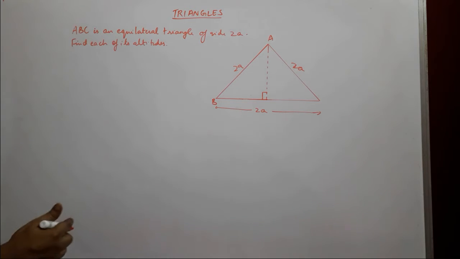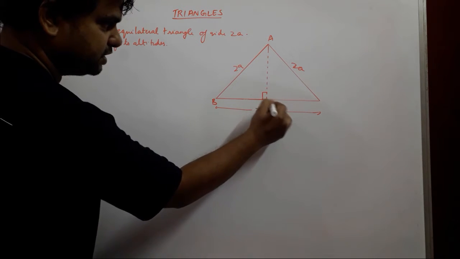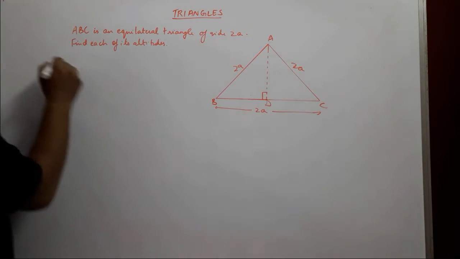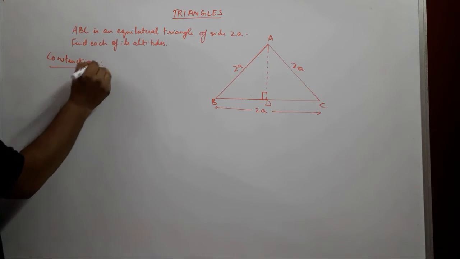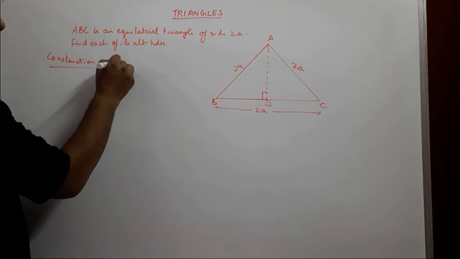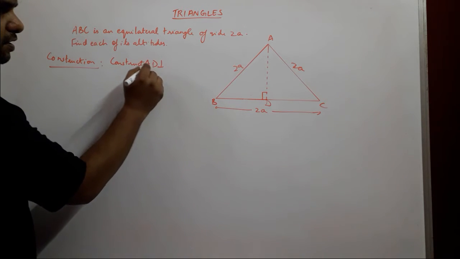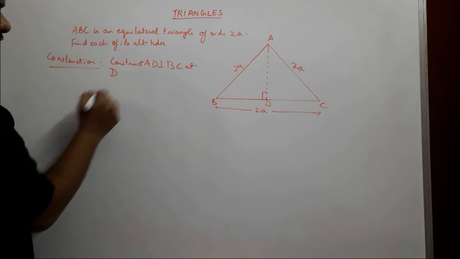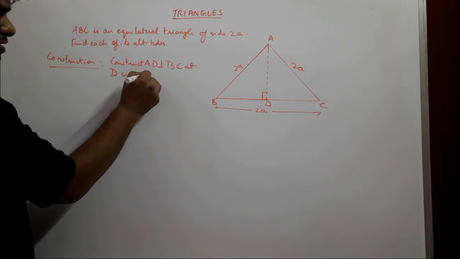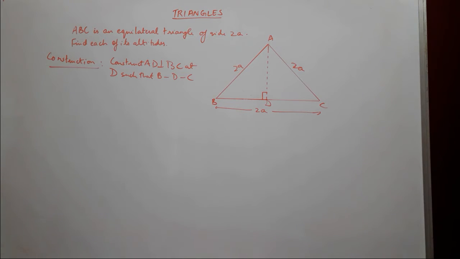What we need to do is construct this line from A, and we'll put this as D, this will be C. So we'll say over here construction: construct AD perpendicular to BC at D such that B, D and C are in line with each other. This is a construction that is important.